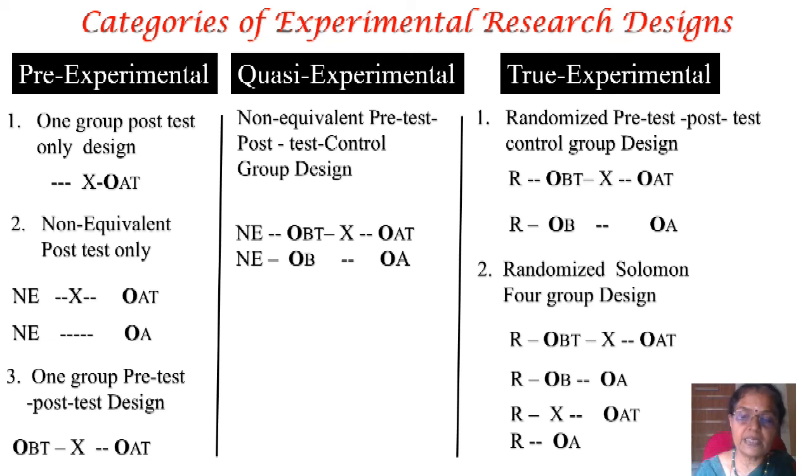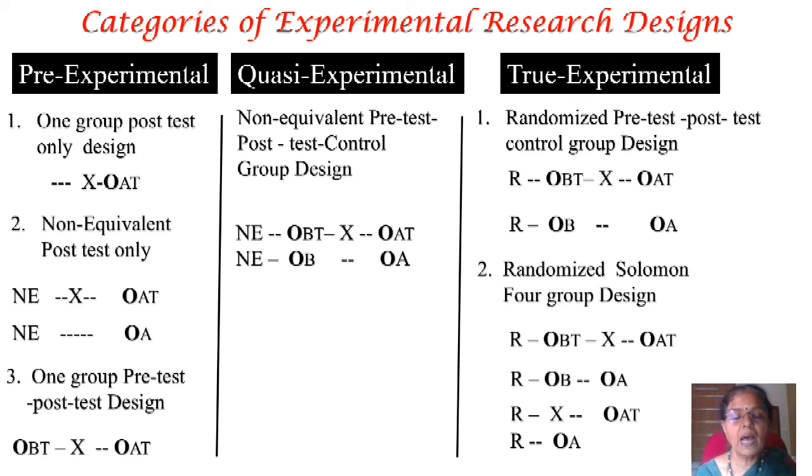So here two grouping is there as experimental group and control group, but no randomization. The students are not allotted according to randomization principle. Students are allotted without randomization. And there is also no pre-test. We cannot say that these two groups, treatment group and the control group, are equivalent in all respects.